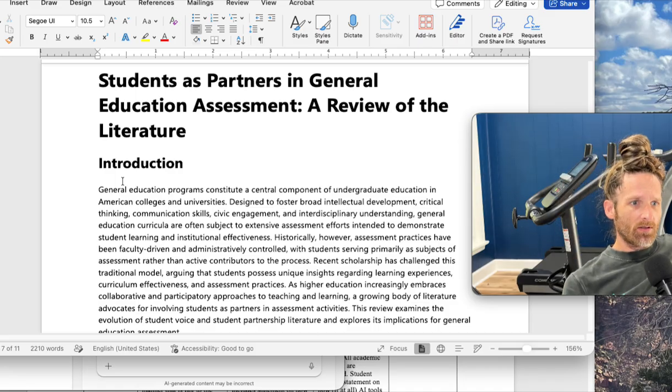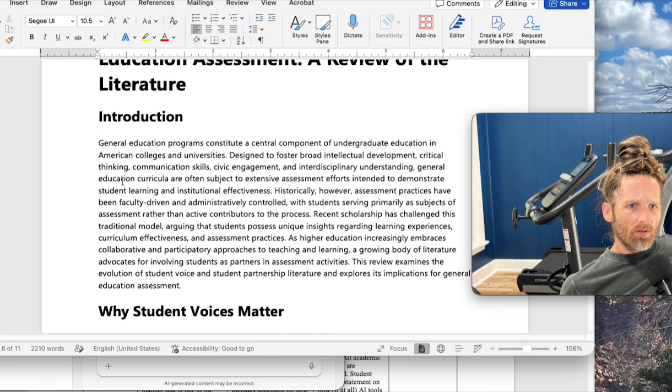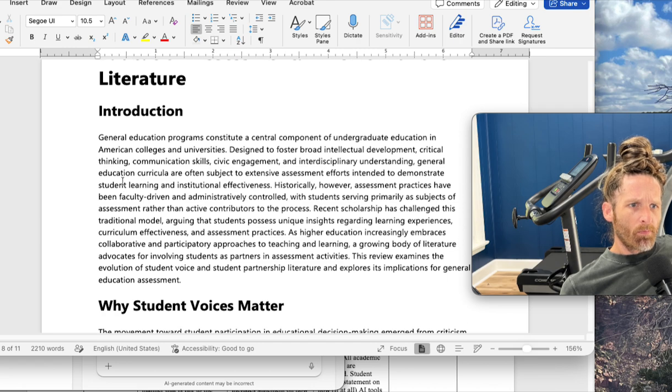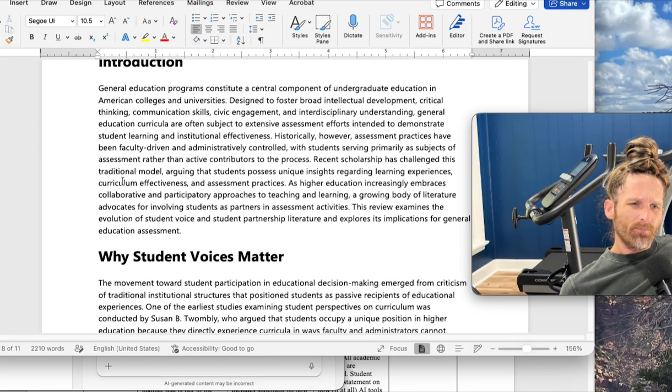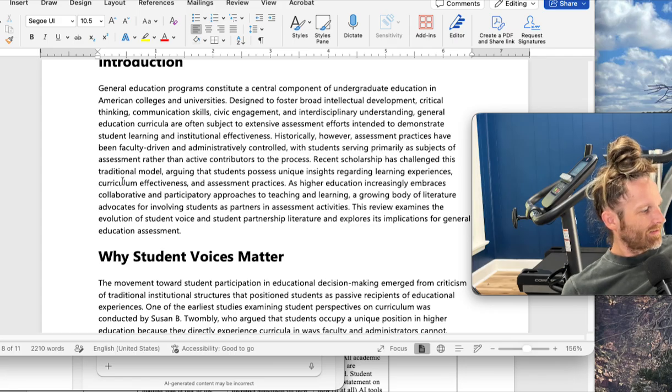Students as partners, intro, gen ed programs. I'm recognizing a general writing style, which has no voice. It's just information that's been shaped to highlight an area of this subdiscipline of gen ed assessment.